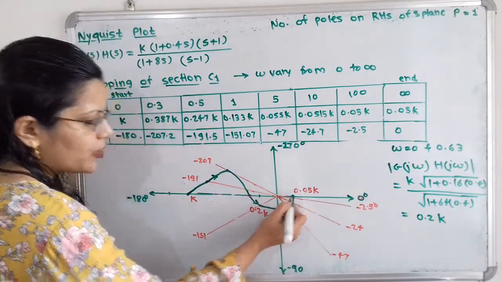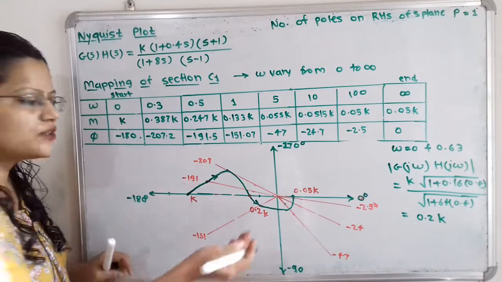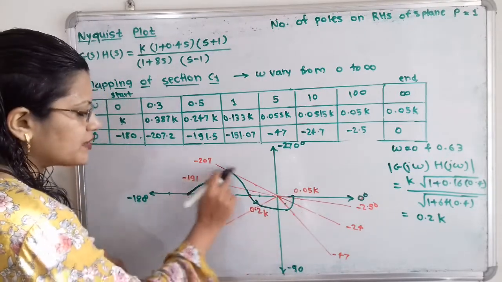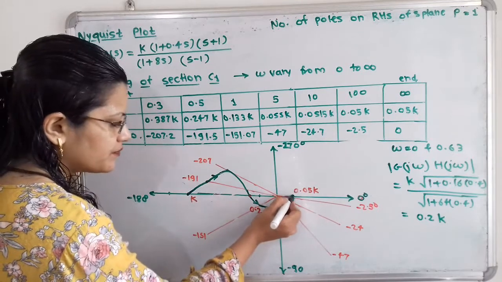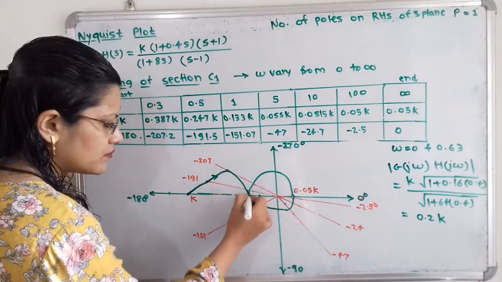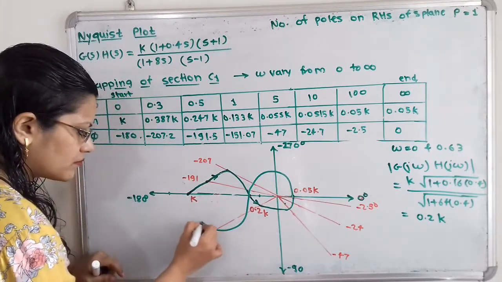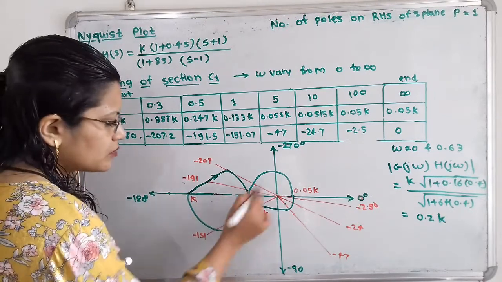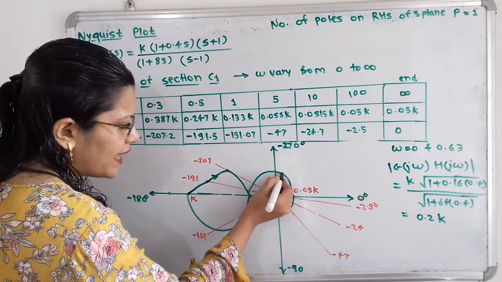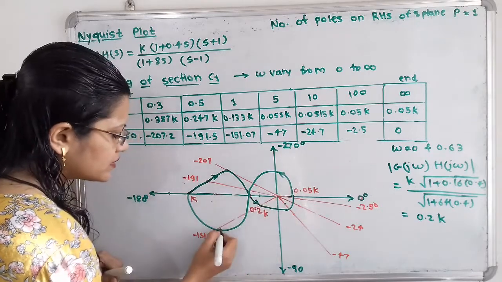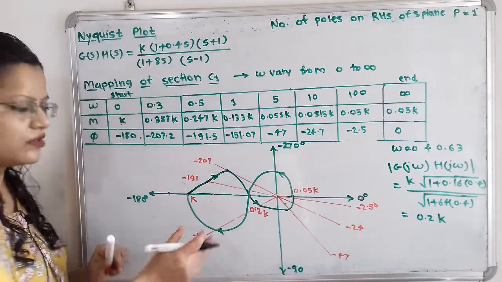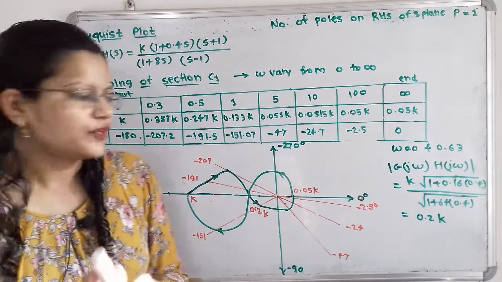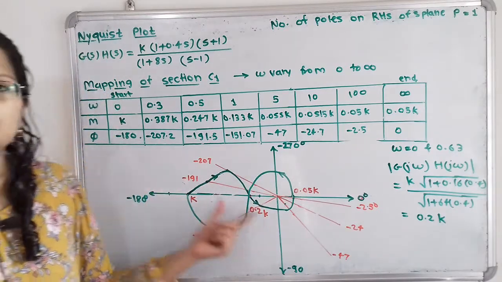For this polar plot, this is the end point, and for the inverse polar plot we have to start from this point and draw the mirror image of this. Here is the one. We will show the arrow also, from this end point towards the start point of the polar plot. The arrow we have to show in the opposite direction. So this is the Nyquist plot.